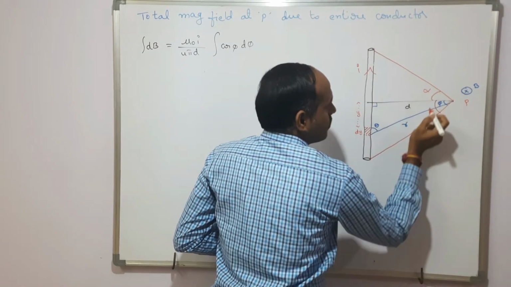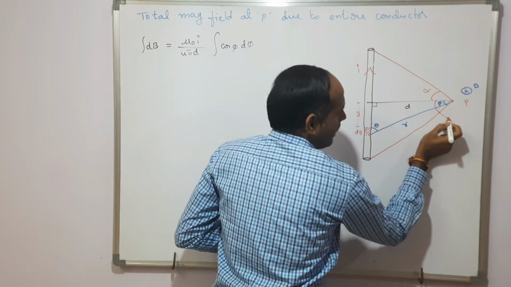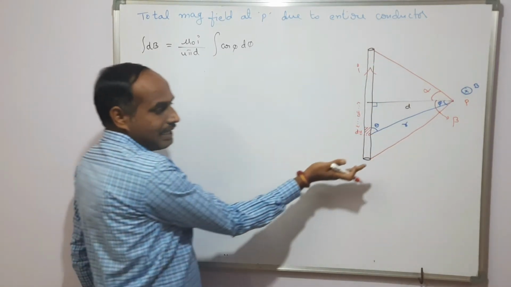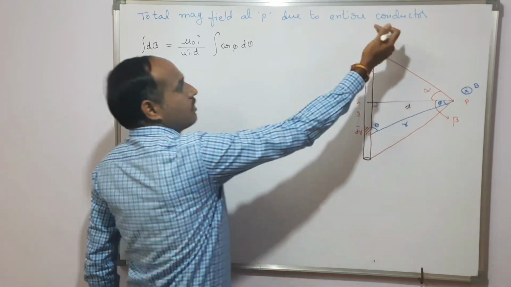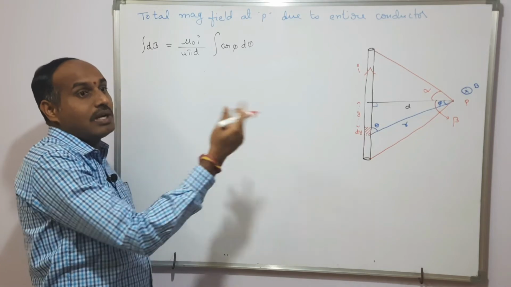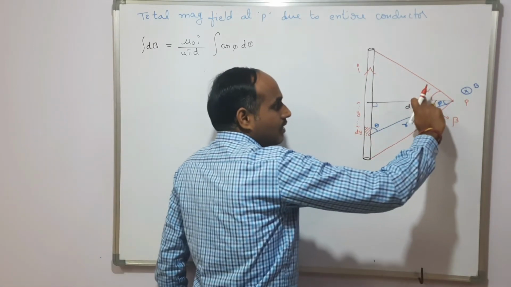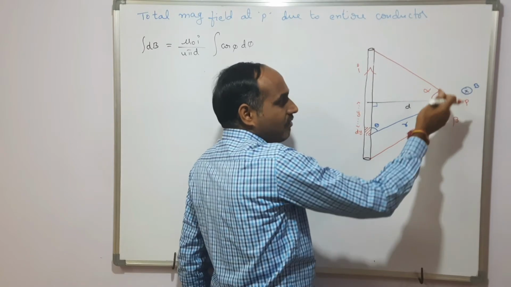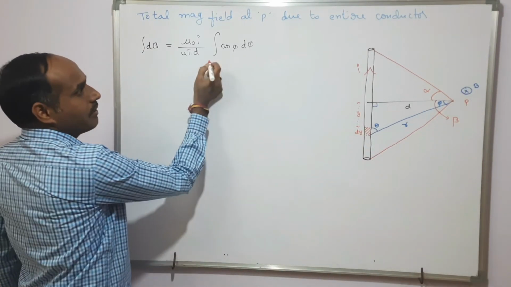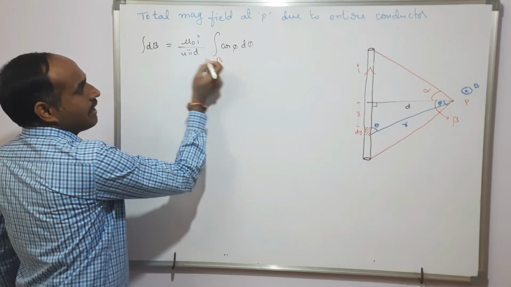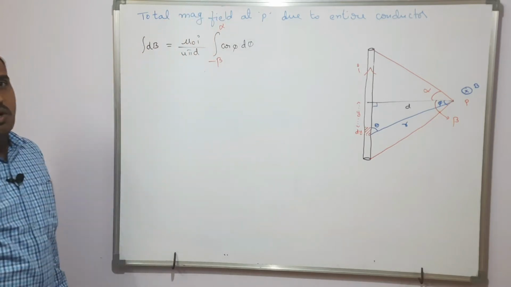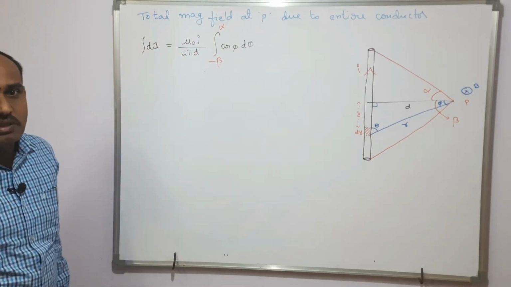Let this angle be alpha, and this angle be beta. So phi varies from the bottom angle minus beta to the top angle alpha, and always we go from the axis to that line to get the angle. To get alpha we move clockwise, to get beta we move anti-clockwise. According to the basics of trigonometry, anti-clockwise is taken as negative angle and clockwise is taken as positive angle. Got my point how I am taking the signs here, students?